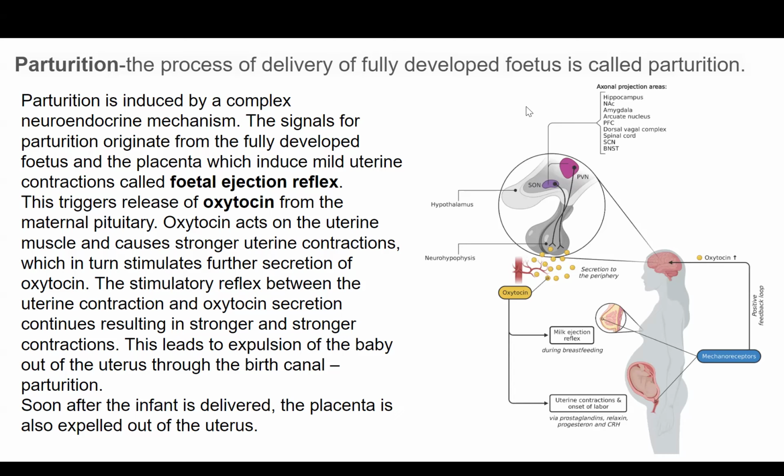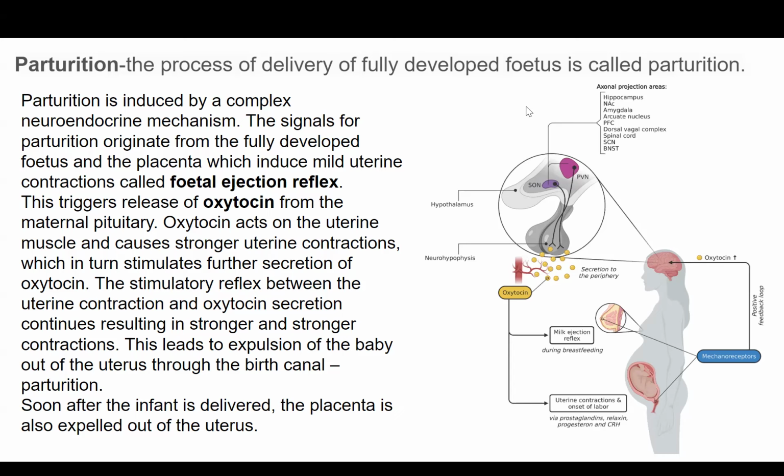Now the mother's pituitary has sensed it and is trying to produce oxytocin, which leads to further uterine contraction. And now the fetus is trying to come out more, and again it is going to produce more and more oxytocin.